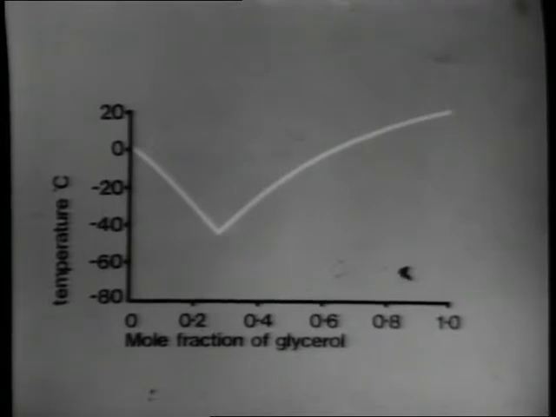The principal difference being that the minimum freezing point obtainable with a glycerol water system, the so-called eutectic point, is a much lower temperature. Another very important difference between glycerol and sodium chloride is that cells will withstand exposure to very high concentrations of glycerol, whereas they will not stand exposure to very high concentrations of sodium chloride.